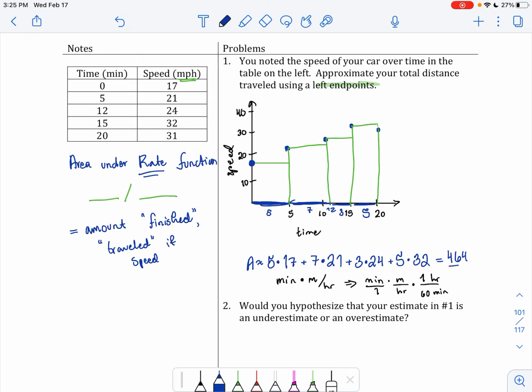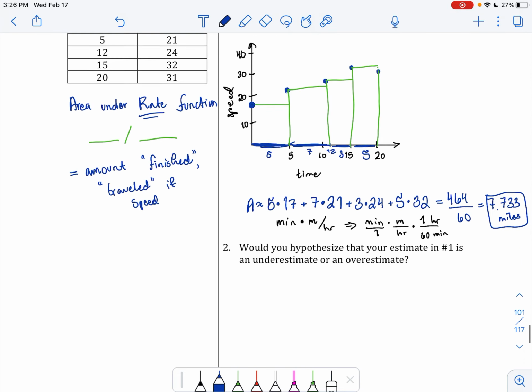So if I wanted to find this in miles, I would divide 464 by 60, which again, you can absolutely do by hand, but you can also pick up your calculator and get that 464 divided by 60 is equal to 7.733 miles. And again, just an estimate, but it's a nice way to figure that out.